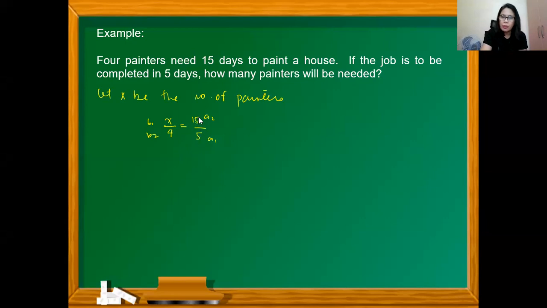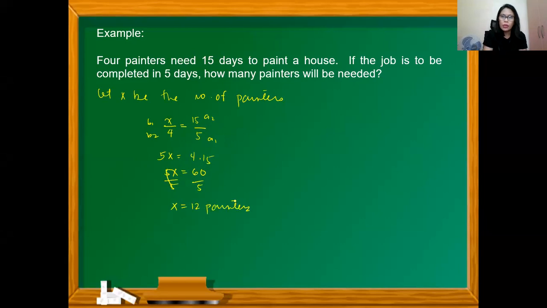Okay, so represented by A sub 2 and then A sub 1. So as we cross multiply, we have 5 times x equals 4 times 15. So we have 5x equals 60. So we divide both sides by 5. So we have 12 painters needed.